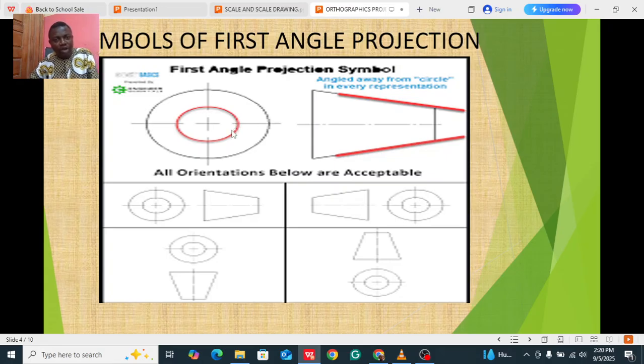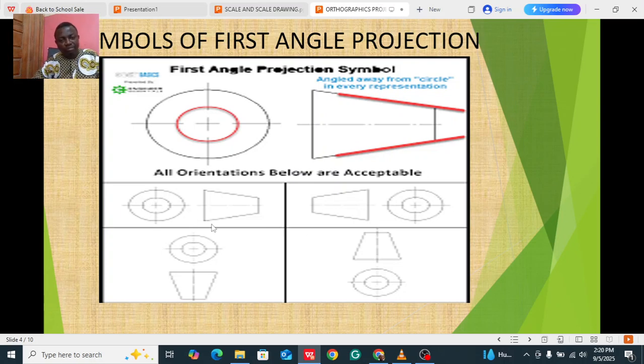However you arrange, in this first angle projection symbol, you can either put the circle after the trapezium or the circle comes before the trapezium, just like you are seeing it here. In this case, the circle comes before the trapezium. In this case, the trapezium comes before the circle.